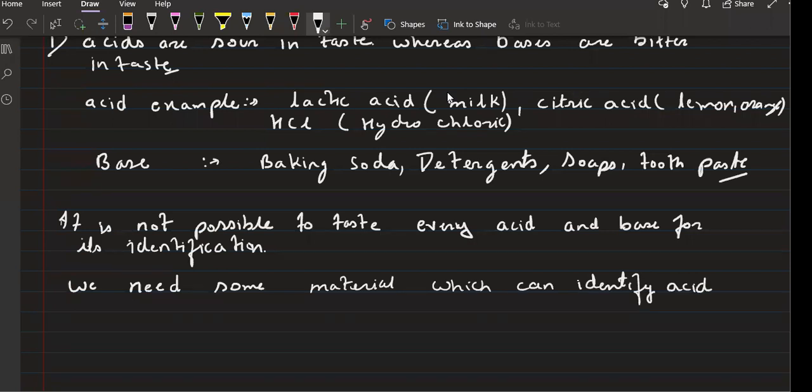Yes or no? And these substances, these materials, are called indicators.